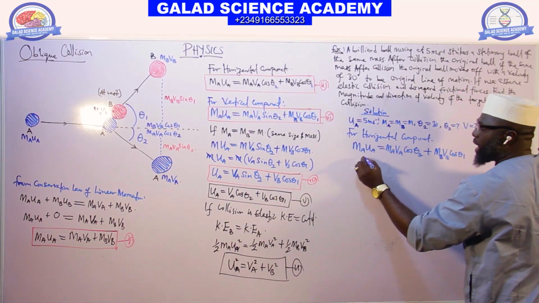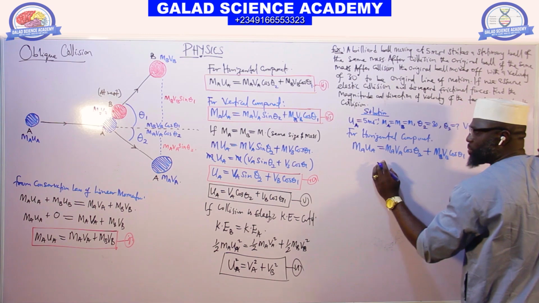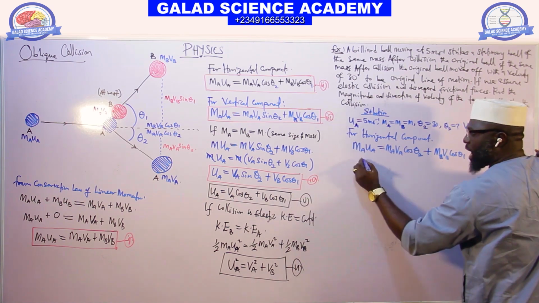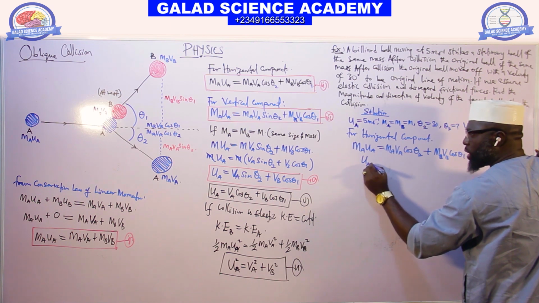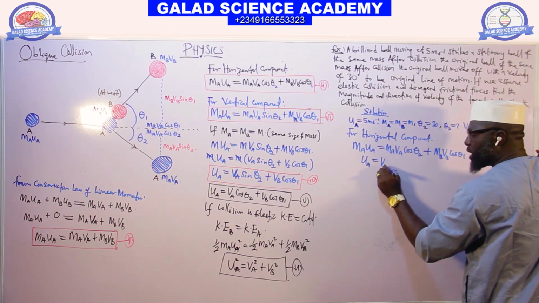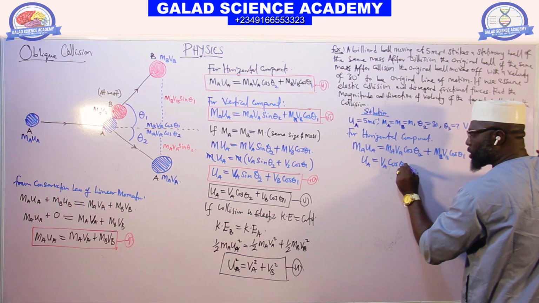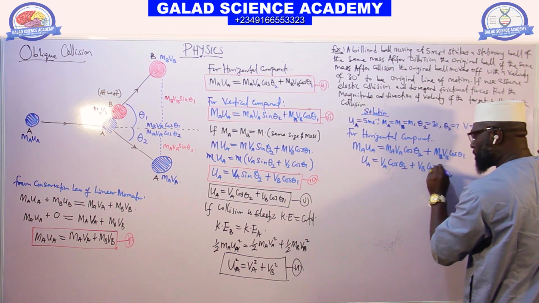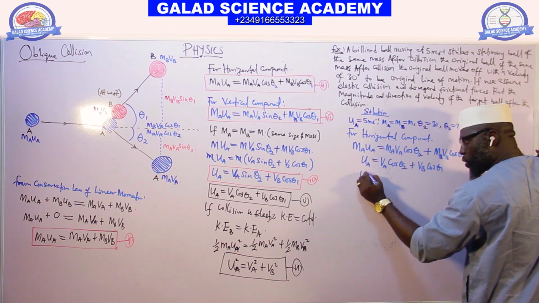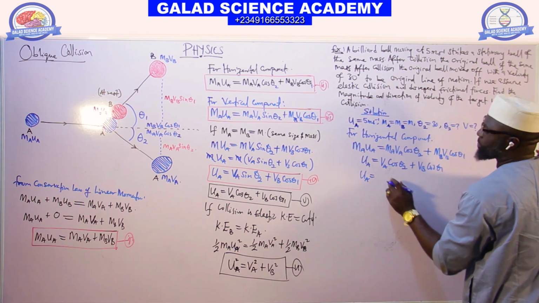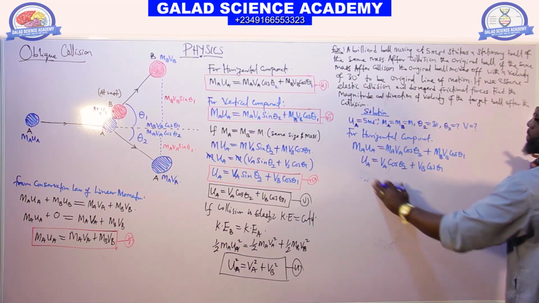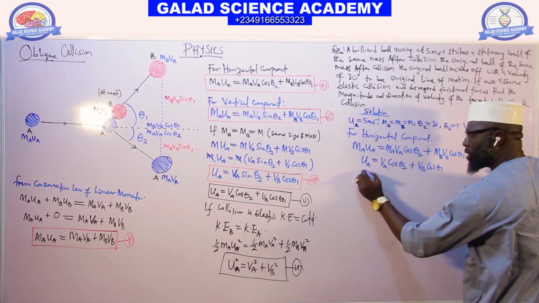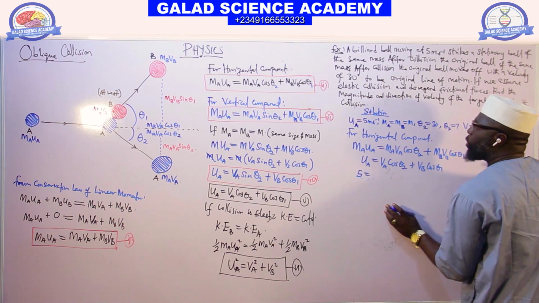Note that the masses are the same, so take the mass out. Now you have UA equal to VA cos theta 2 plus VB cos theta 1. Our UA here is 5.